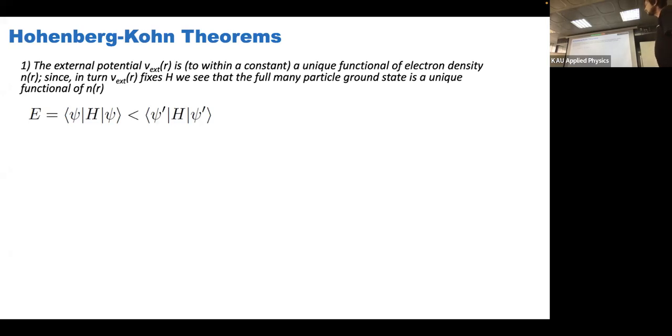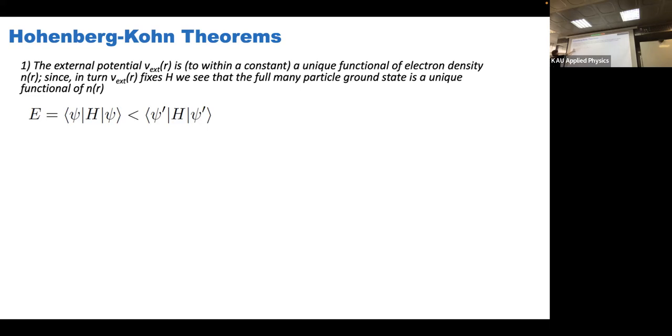From our first system, we can calculate the ground state energy. It will be bra psi, Hamiltonian, ket psi.